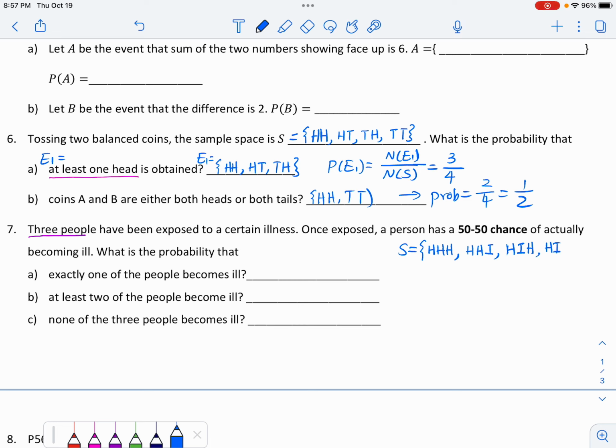Or the last 2 are ill. Or we can just continue. The first one is ill, the other 2 are healthy. And then the first one is ill, the third one is also ill, the second one is healthy.